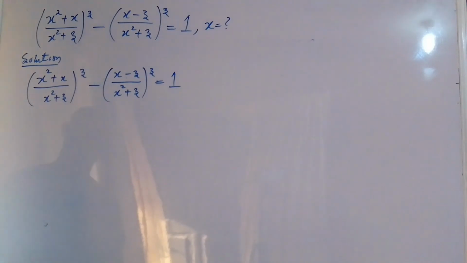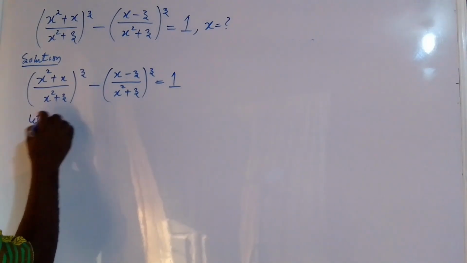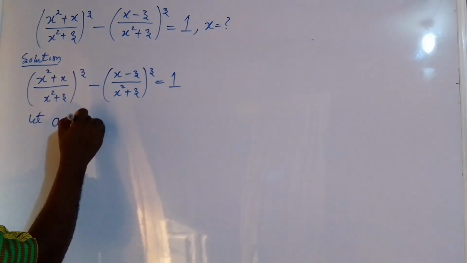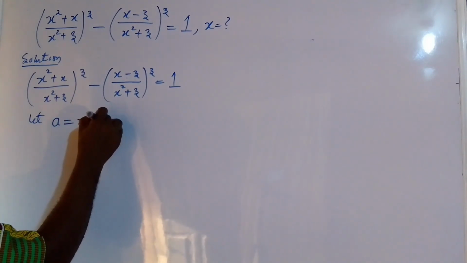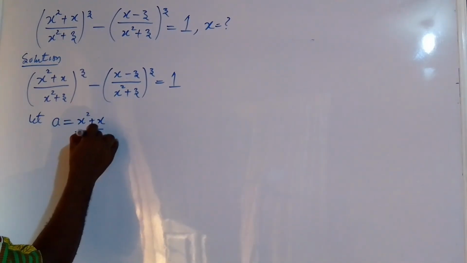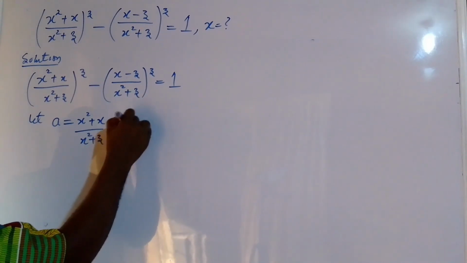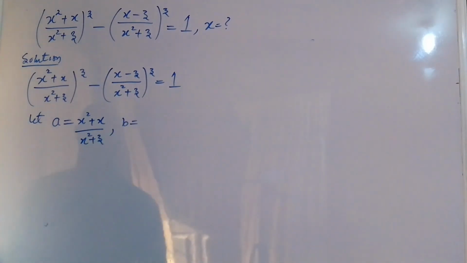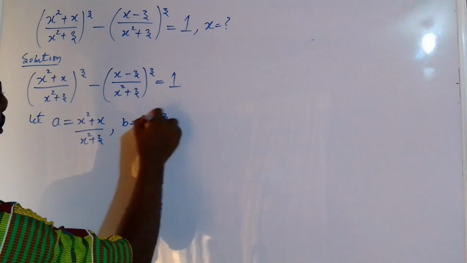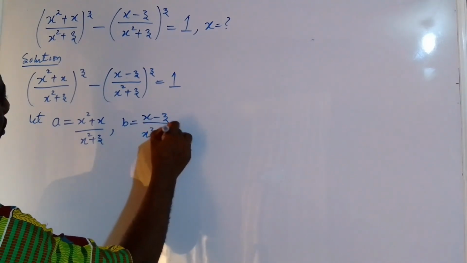So what I'm going to do is to say let a equal to (x squared plus x) all over (x squared plus 3), and then b will be equal to (x minus 3) all over (x squared plus 3).